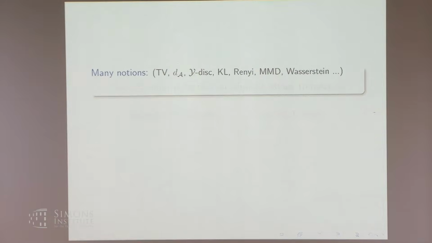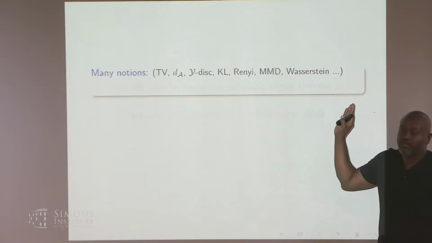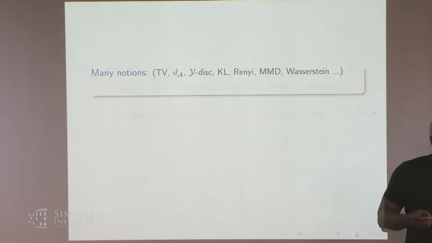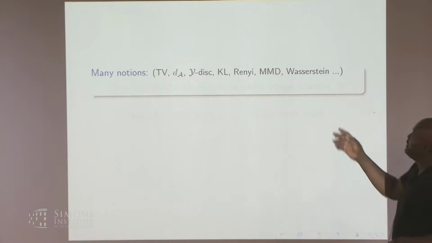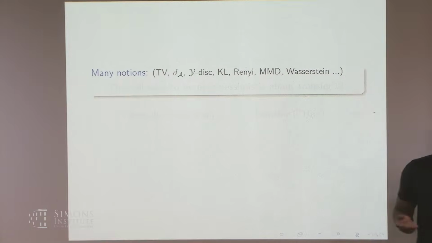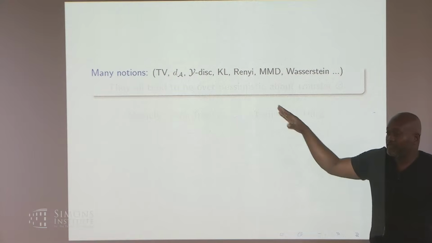All right. So in fact, many notions have been considered. Any notion of distance between distributions, any metric, any divergence, anything that was proposed out there to measure the distance or the similarity or dissimilarity between distributions has been attempted in transfer learning, in the theory of transfer learning.